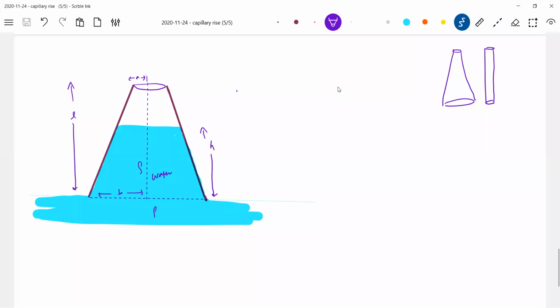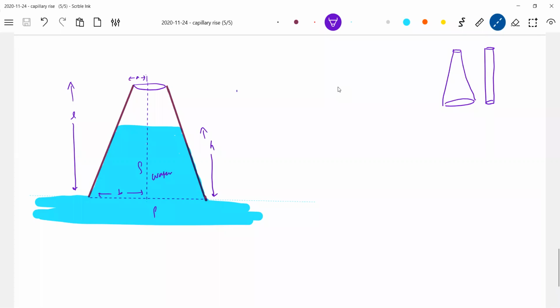Get expression for height H. Get into the mathematics.